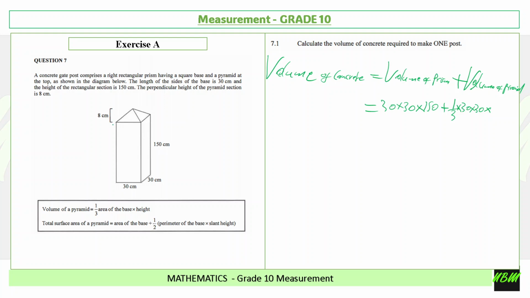We are given the height of the pyramid here as 8 centimeters, and this will be equal to, using your calculator, you should get your volume as 137400 centimeters cubed. This will be the volume of concrete to make one post.